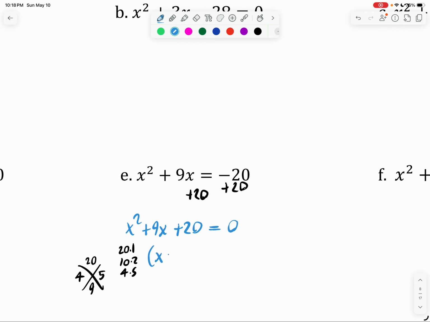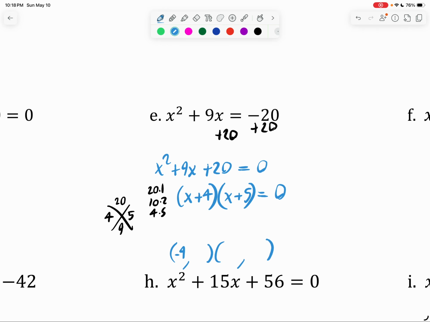This is something you always want to write, because the factored form isn't just useful for getting the zeros. It's also useful for other things that you'll discover in the future. So get that factored form, but then if you want to jump all the way to the answer, that's perfectly fine. You do not have to do those middle steps where x is equal to this, x is equal to this.